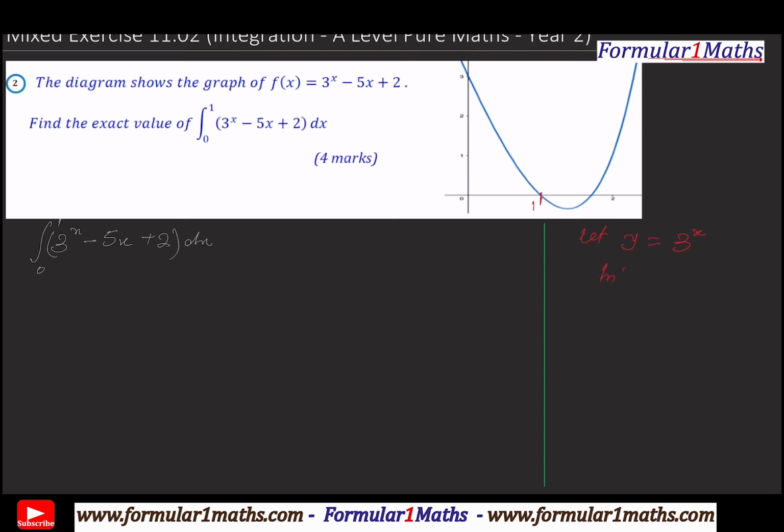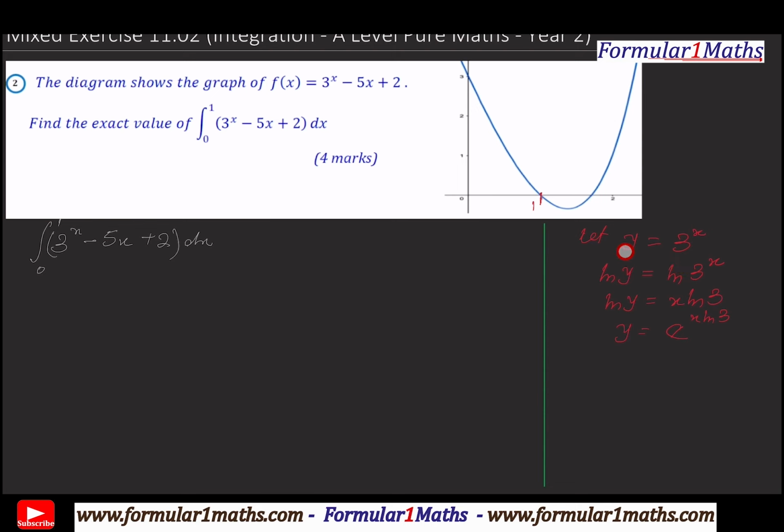So ln y is equal to ln 3 to the power x. But we can rewrite this using one of the laws of logs as follows. ln y will be equal to x ln 3. Again, using some laws of logs, we can write y as e to the power x ln 3.